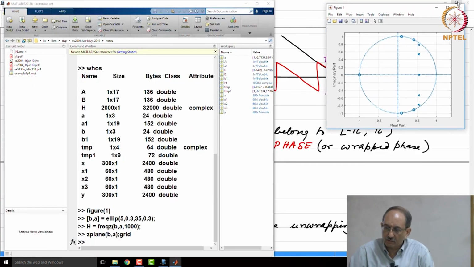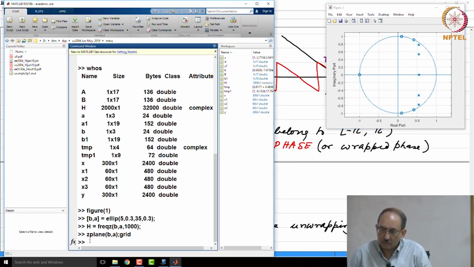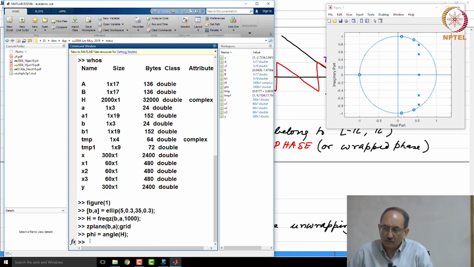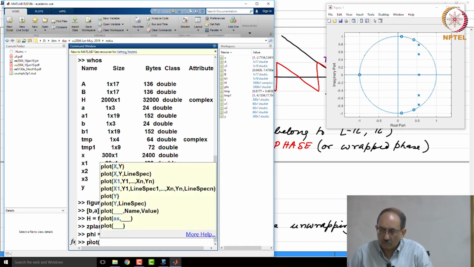So, let us verify that. Here, let me plot the phase response, and this is angle H, and let me plot the angle from 0 to 0.5, because this is real valued.